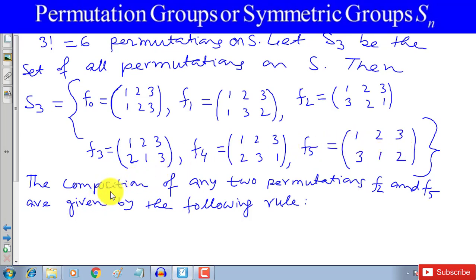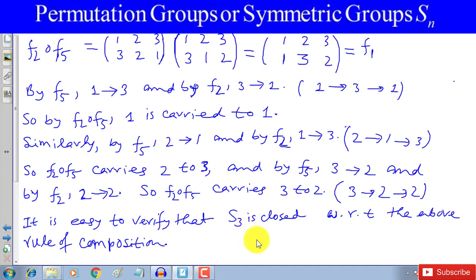The composition of any two permutations, say f2 and f5, is given by the following rule. f2 composed with f5, where f2 = (1→3, 2→2, 3→1) and f5 = (1→3, 2→1, 3→2), is equal to (1→1, 2→3, 3→2), which is equal to f1.